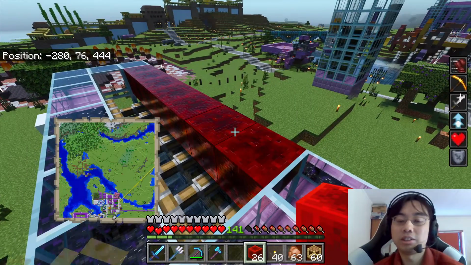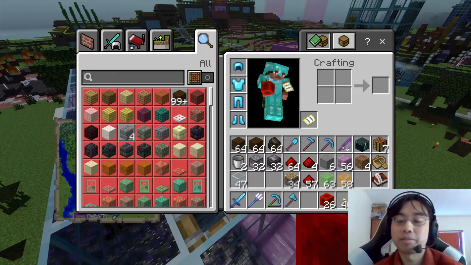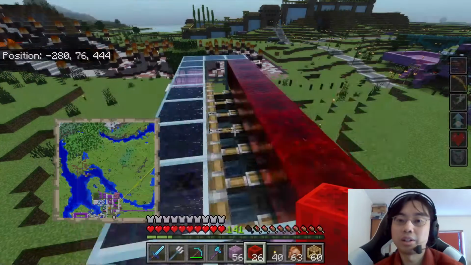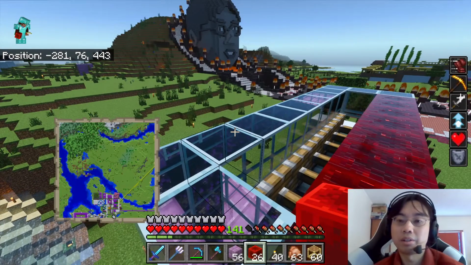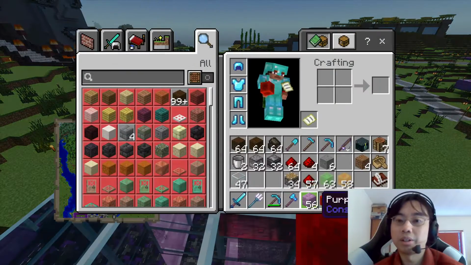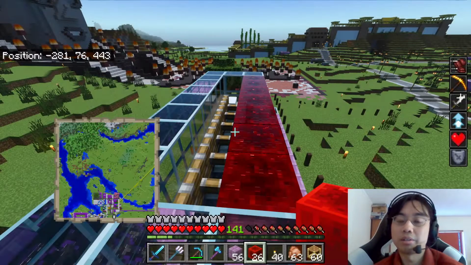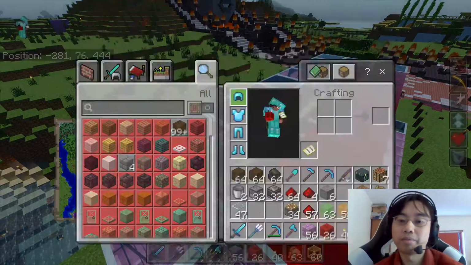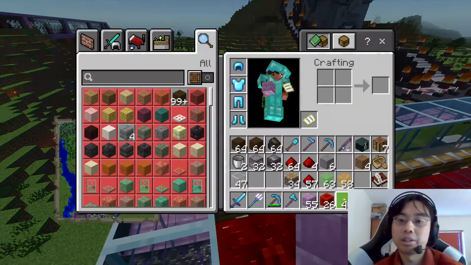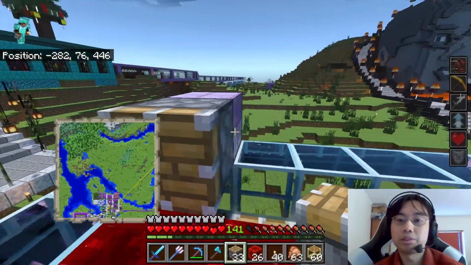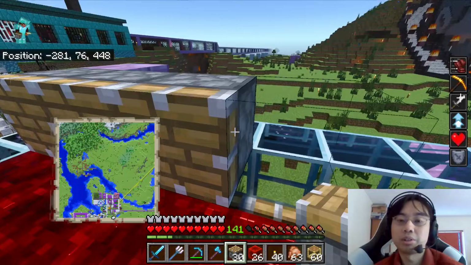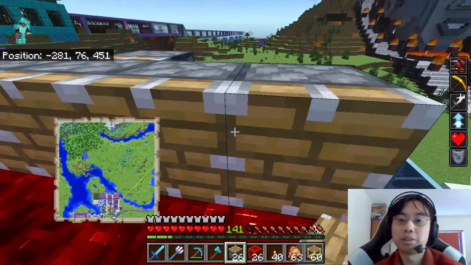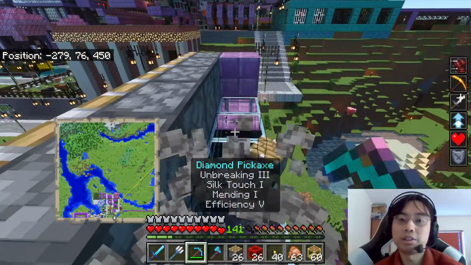So the trick is... So the lava's in there. Pistons. Not that one. Pistons there.